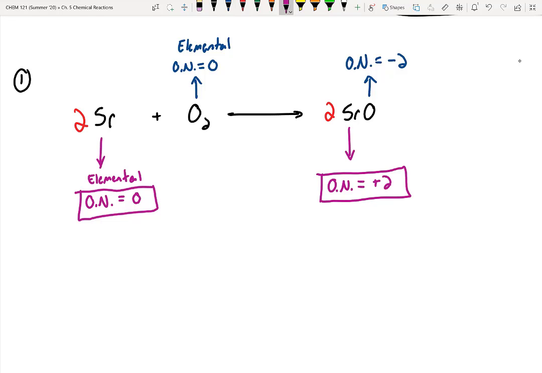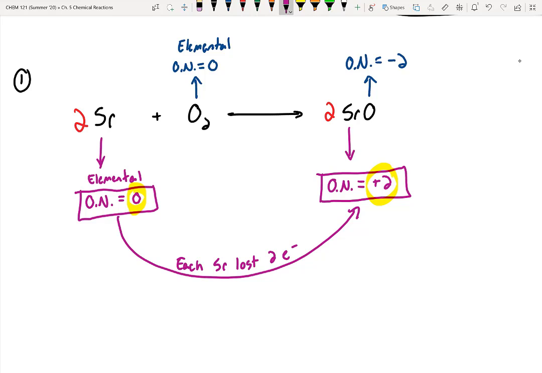Okay. So now let's go ahead and think about it this way. Let's focus on the strontium now. So we're going from the starting material side to the product side. And over here we went from 0 to +2. Does that mean we gained or lost electrons? Lost. Lost electrons. Okay. So we could say that each Sr lost 2 electrons, right?